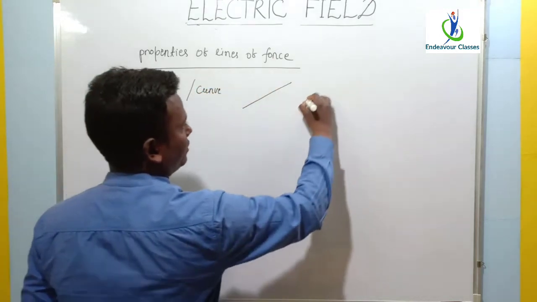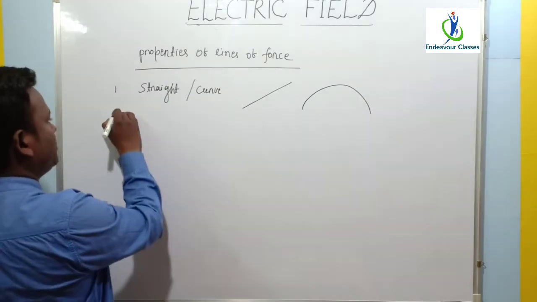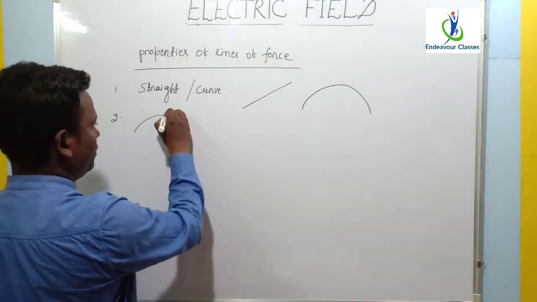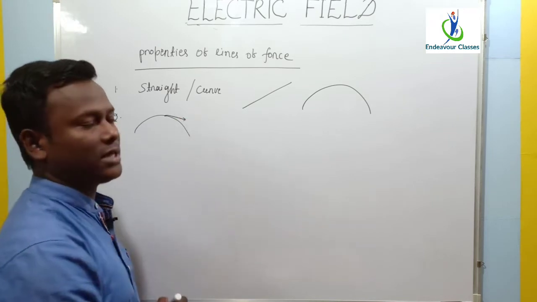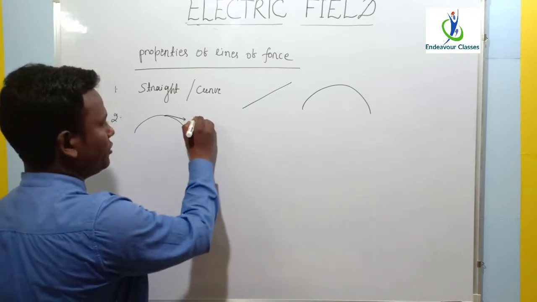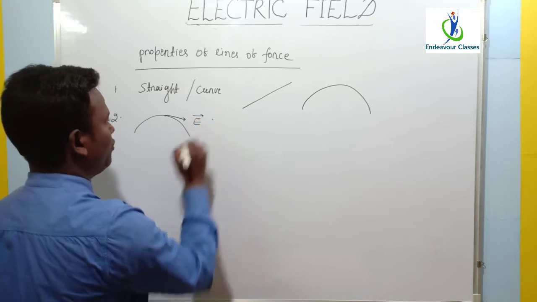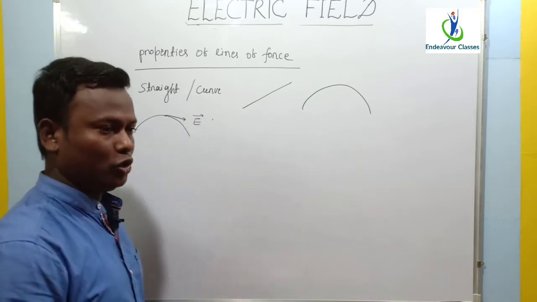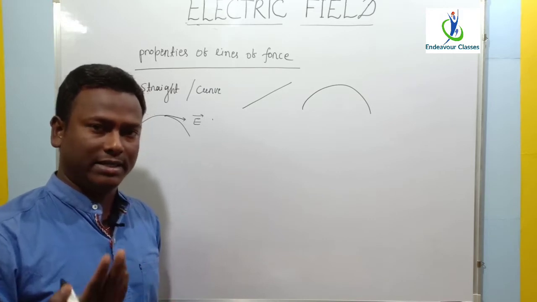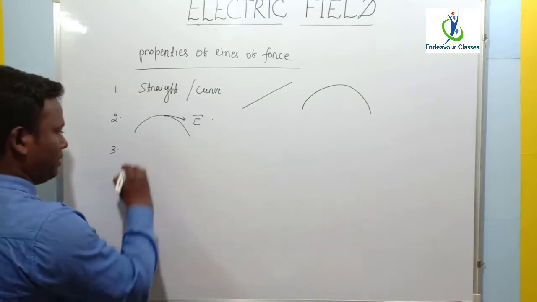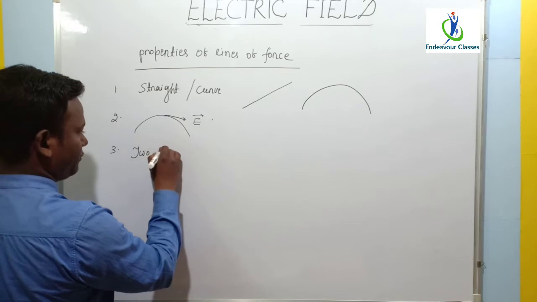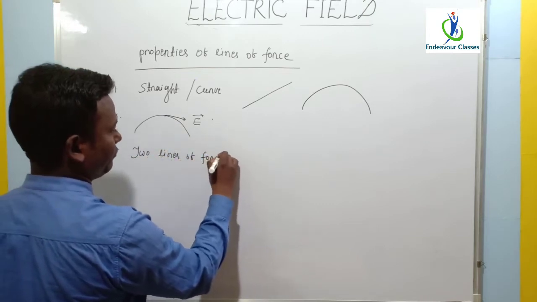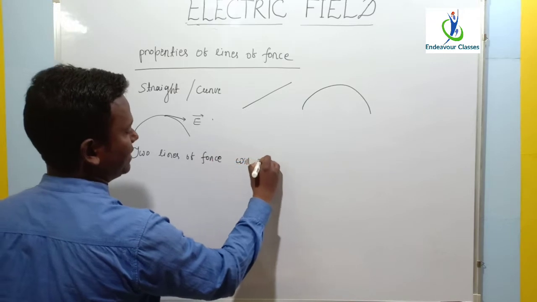And the second property is the tangent drawn to any line of force at any point gives the direction of electric field intensity at that point. Now the third property is two lines of force will never intersect each other.